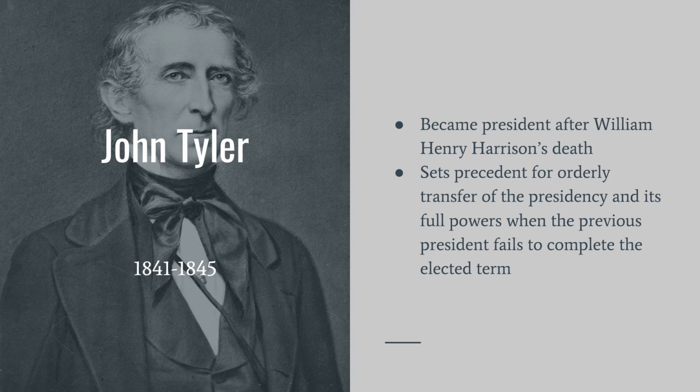So even though the precedent isn't put into law until the 25th Amendment, many, many years later, we do see that this is the first time that a president dies in office, and we see this vice president step into that role smoothly.